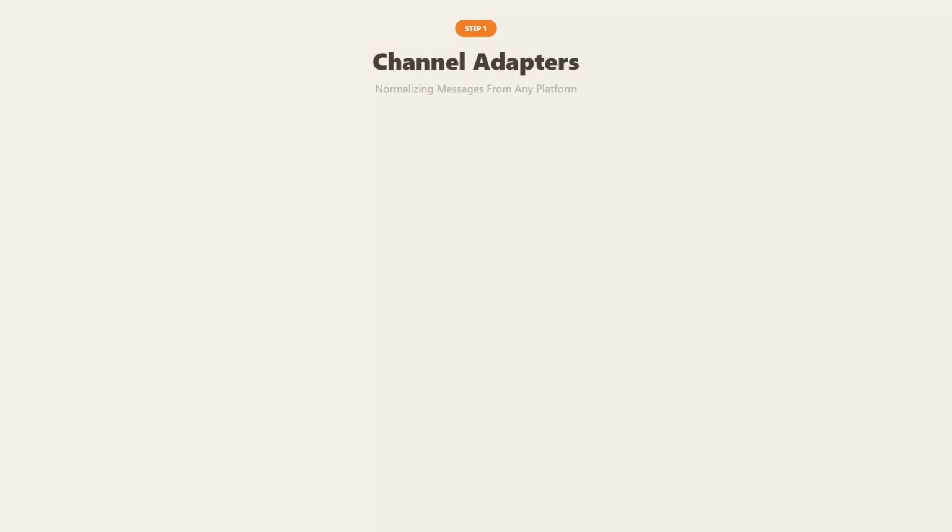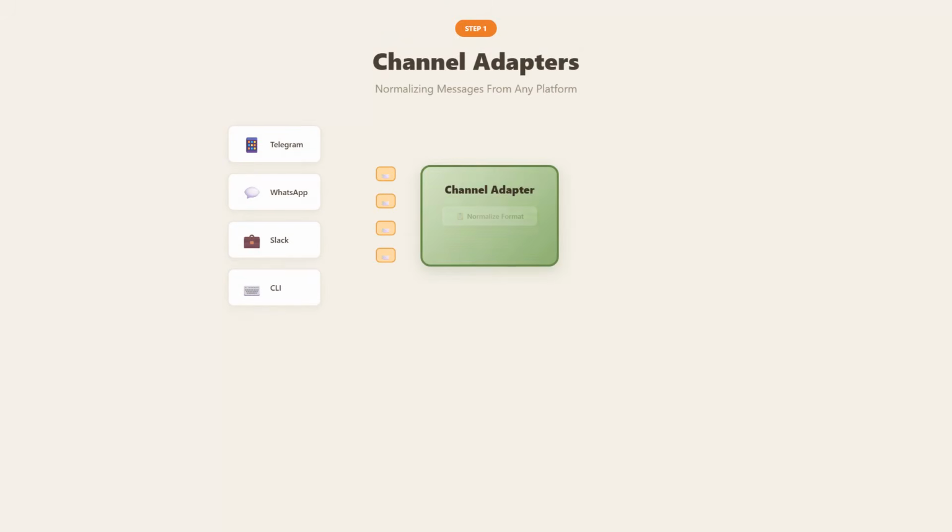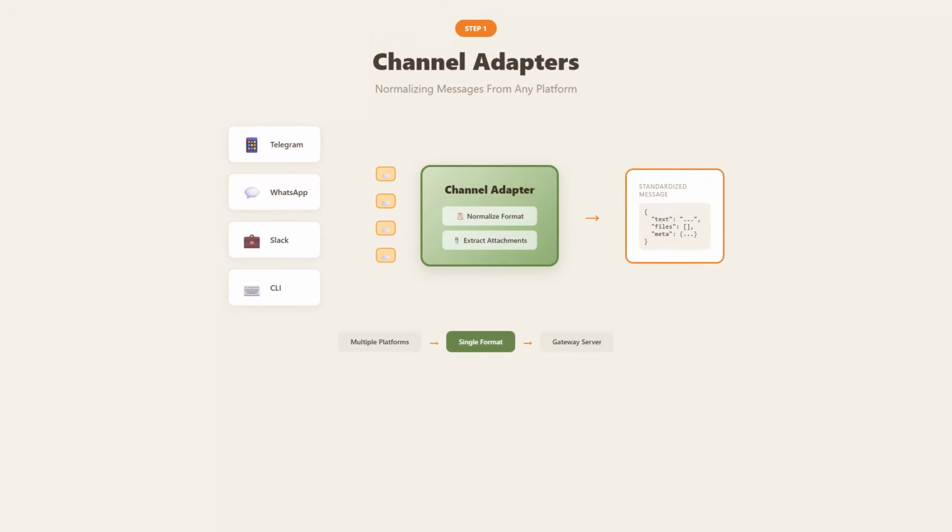Now let's follow your message through the system. Step 1. Channel adapters. When you send a message to Claudbot, whether from Telegram, WhatsApp, Slack, or the command line, that message first hits a channel adapter. Each platform has its own message format, attachments, and metadata. Telegram sends data differently than Slack. The channel adapter's job is to normalize all of this.